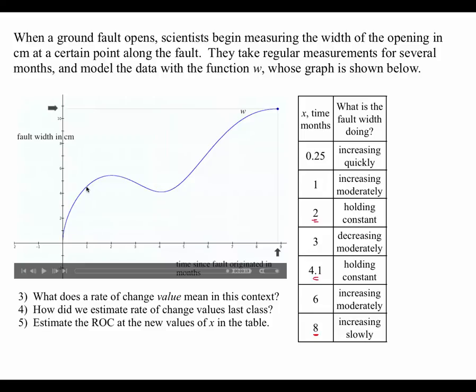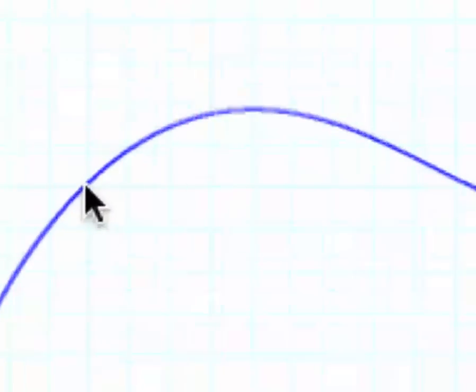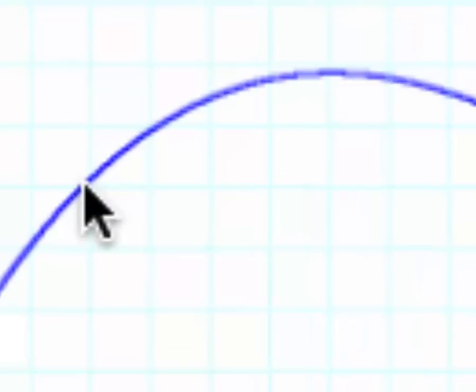Okay, so let's review. So here is at x equals 1 month, just as a review. And we said that the width of each of these squares in the grid was 1/4 of a month, and the height of each square was 1/2 centimeter. And so we used the grid based on 1/4 month.